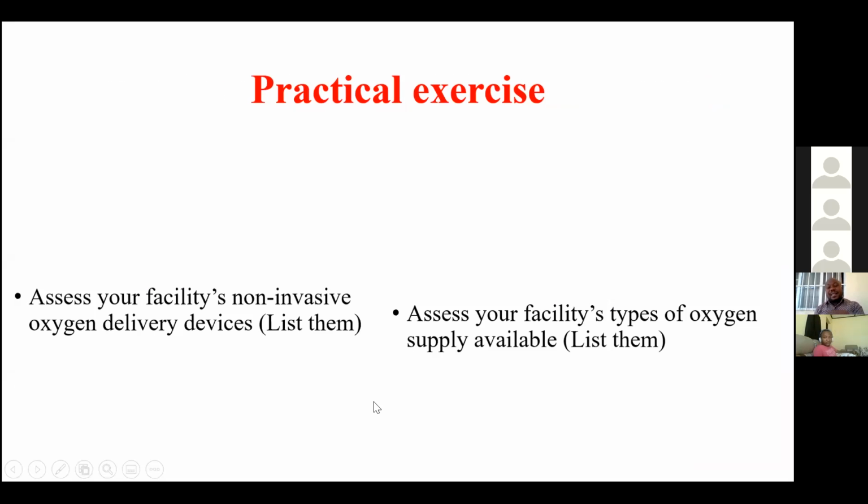Yes, as I said in our objectives, it's like an assignment for every one of you to go back to your hospital or health facility and assess the non-invasive oxygen delivery devices you may have now.